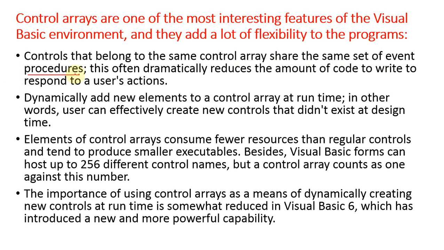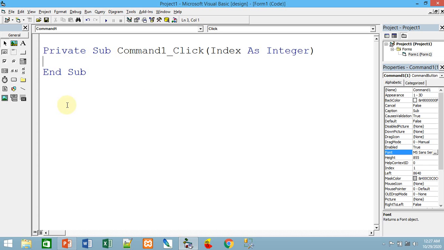Means you need not write code separately for command 1 click, command 2 click, command 3 click and command 4 click. So elements of a control array will use a common event procedure, so it reduces the amount of code to write to respond to the user actions. So you need not go for 4 event procedures. You can use only one, isn't it?